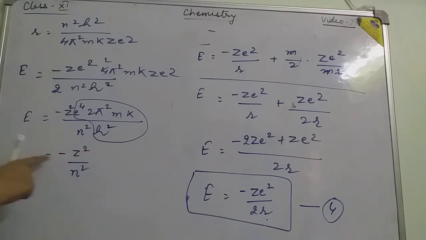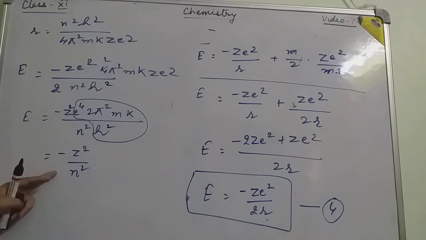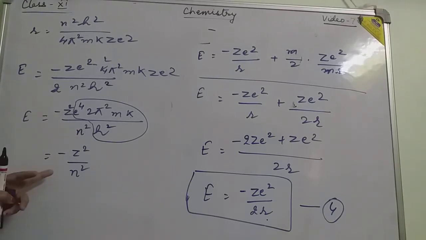The minus sign indicates the work from infinity to the orbit. As the value of n decreases, the value of energy decreases in magnitude, and as n increases, the energy increases.